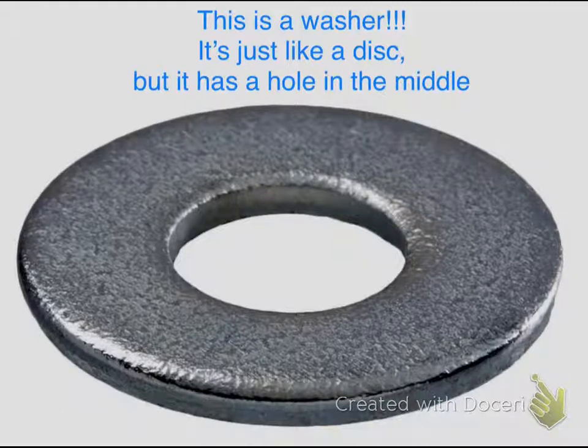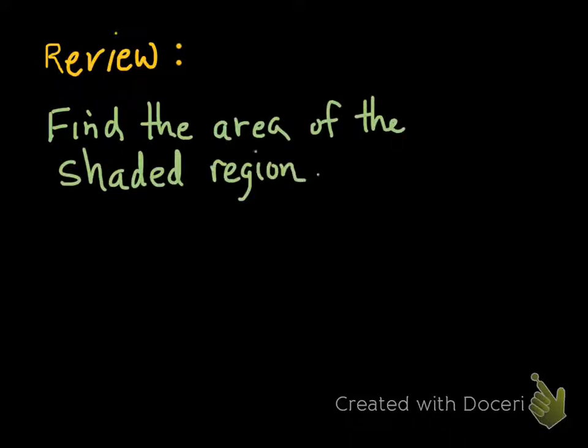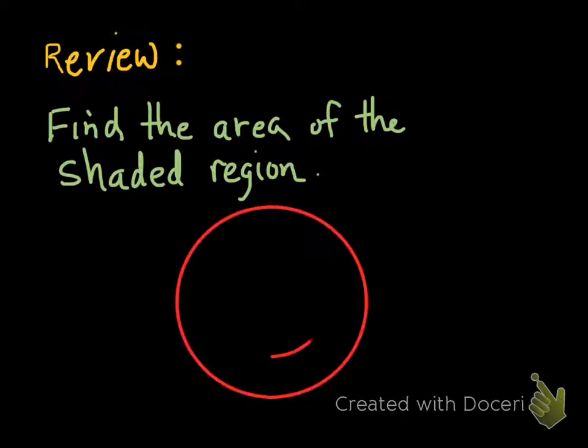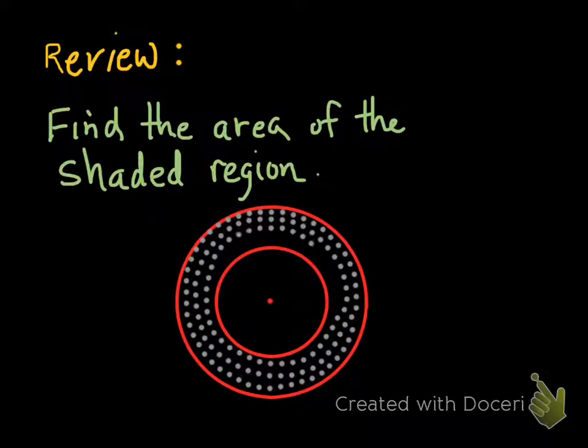Okay, so let's review, first of all, something you learned in the olden days back in your geometry class. That is how to deal with finding the area of a circle that's got a hole in the middle. So we got to find the area of this shaded region. As we see, the outer is a circle, the inner is a circle, and then this shaded region is that region resting between the large and the small circle.